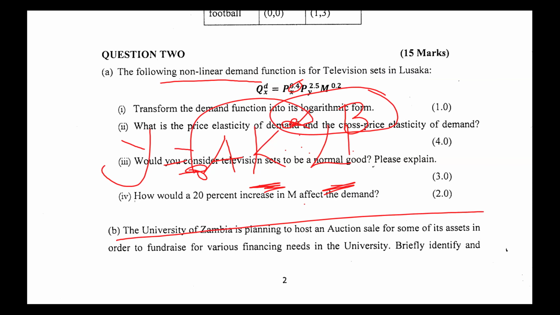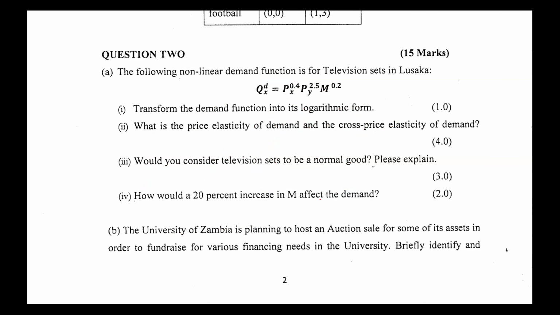So it's very easy. That's why it's even 1 mark. So what you do, you introduce the logarithmic functions on both sides. You can introduce even the natural log or a normal log that you know. Let's introduce the log of the quantity demanded, quantity superscript d, that's demanded of good x.